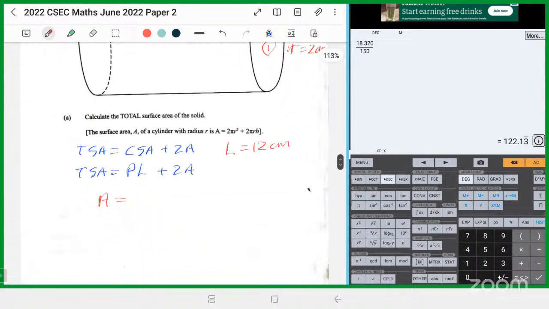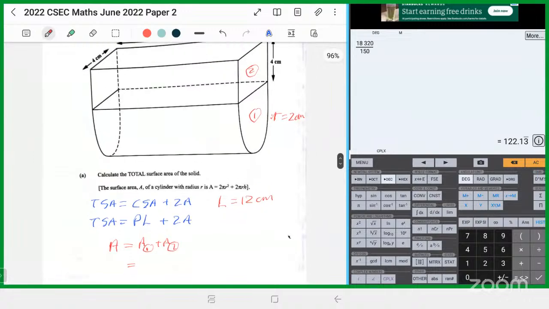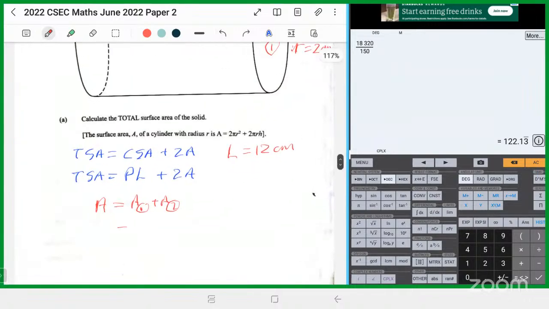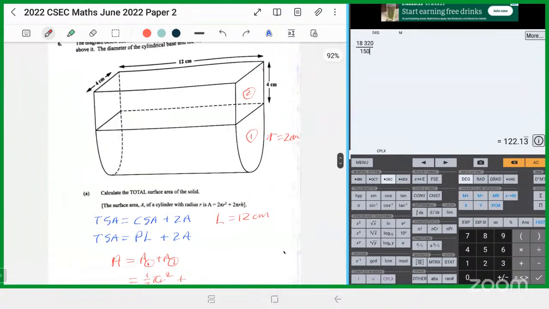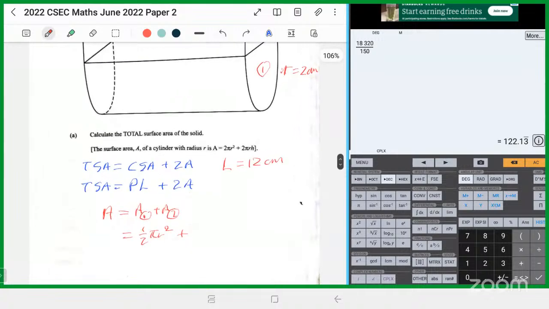So it will be the area of part 1 plus the area of part 2. And the area of part 1 is a half of a circle, right? So it will be half of pi r squared. And then the second part is a square, just 4 times 4.